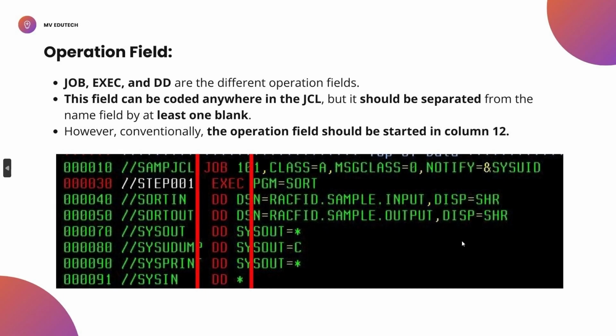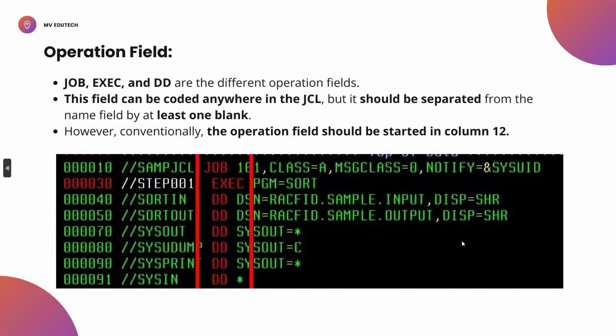After that, you can see the operation field. In JCL there are three different statements: the first is JOB, the second is EXEC, and the third is DD. This field can be coded anywhere in the JCL, but it should be separated from the name field by at least one blank.